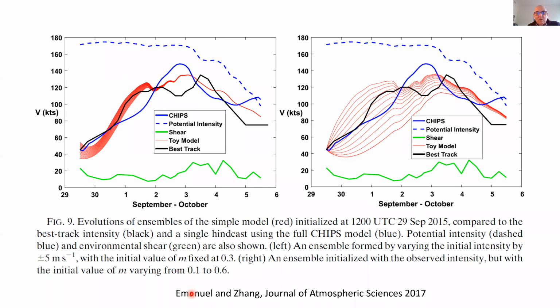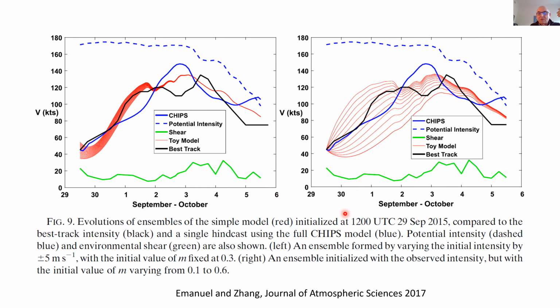All right, this was just a picture taken from the Emmanuel Zhang paper, where they compared this model with actual data, and they compared it with a higher dimensional model that resolved much more stuff, which they call the CHIPS model. The red is the output of this model for a particular hurricane in September 2015, which ran from the end of September to the beginning of October, at a certain point in the Atlantic.